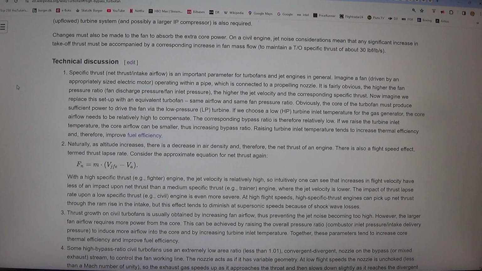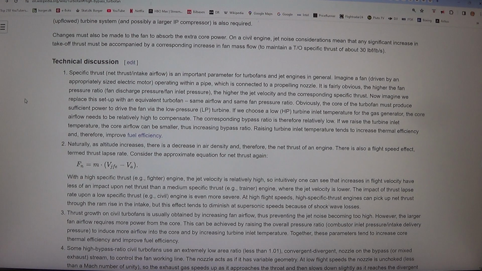It is fairly obvious, the higher the fan pressure ratio, fan discharge pressure/fan inlet pressure, the higher the jet velocity and the corresponding specific thrust. Now imagine we replace this setup with an equivalent turbofan, same airflow and same fan pressure ratio. Obviously, the core of the turbofan must produce sufficient power to drive the fan via the low pressure, LP, turbine.